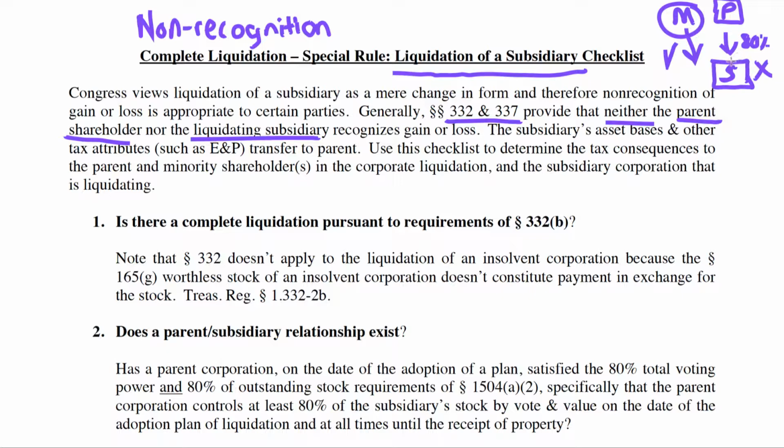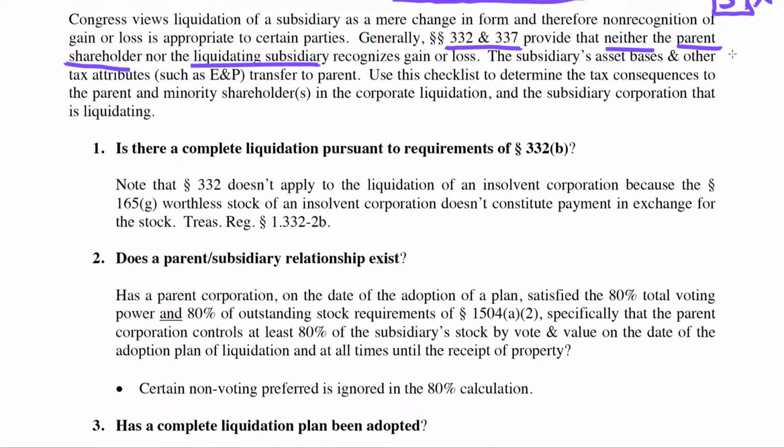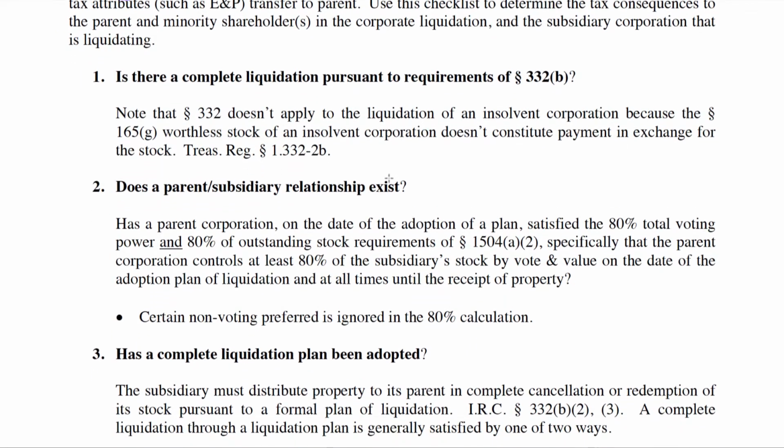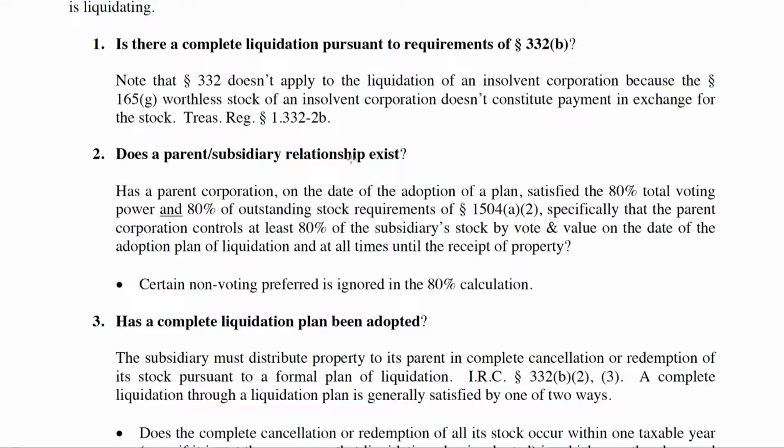Okay, so going through the checklists, the first question, is there a complete liquidation pursuant to the requirements of Section 332(b)? So we need that complete liquidation, as we talked about. We've already actually looked at that when we looked at Section 346, complete liquidation. The next question, is there a parent-subsidiary relationship? So parent-subsidiary relationship, we just talked about that.